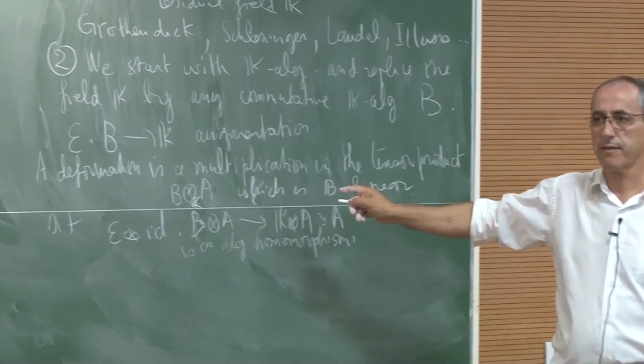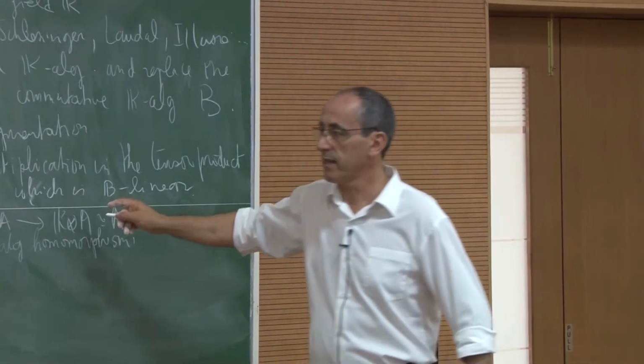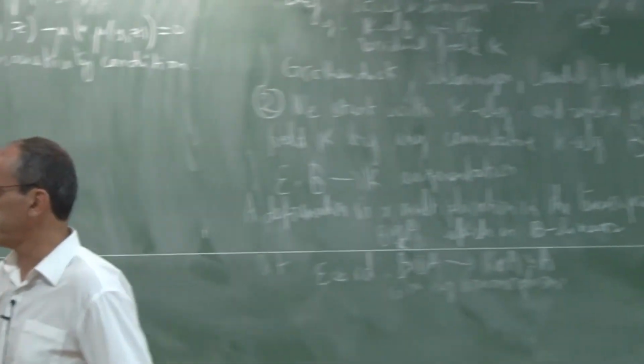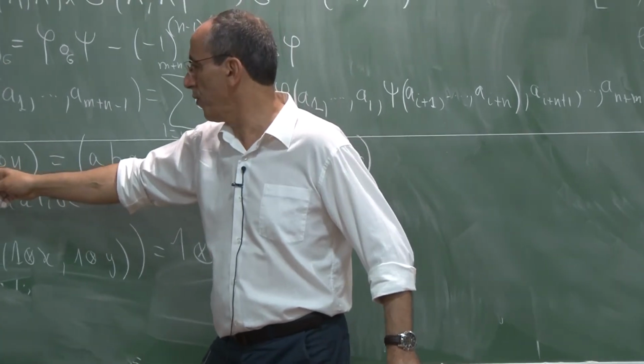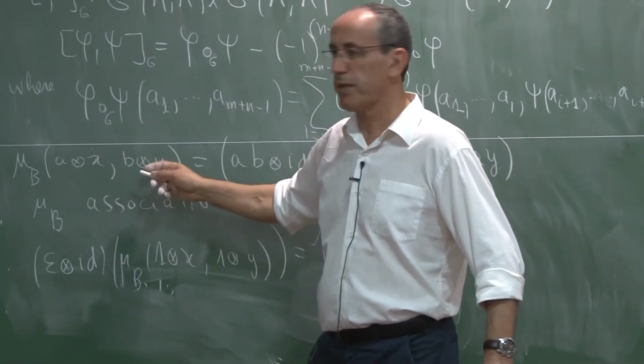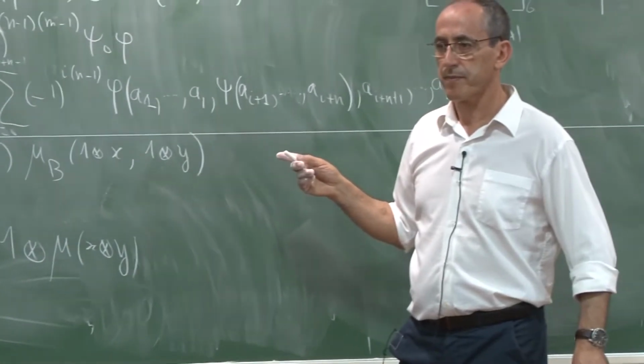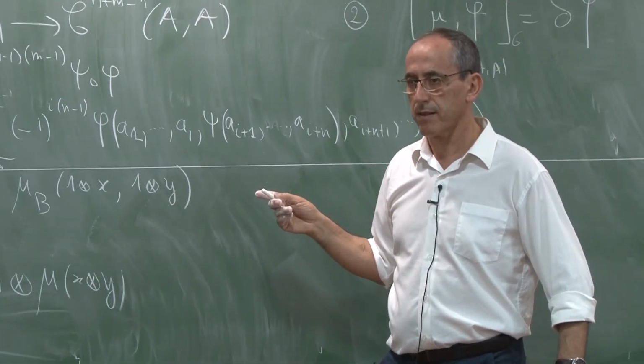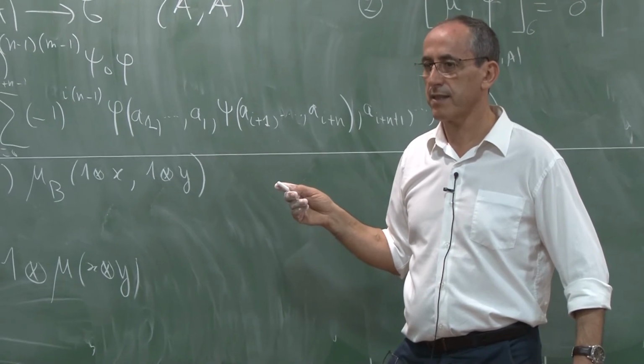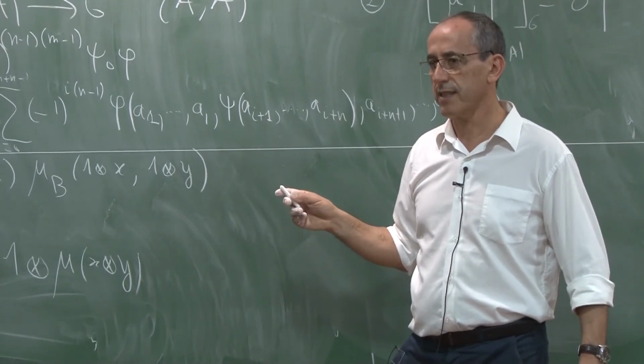That's the complete definition. Is it clear now? The B linearity is expressed here: mu of a tensor x, b tensor y is defined like this. So you are considering B tensor A as a B module, by embedding of B inside it. Yes.